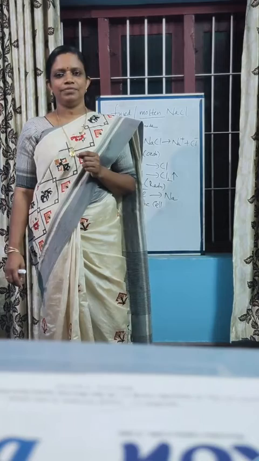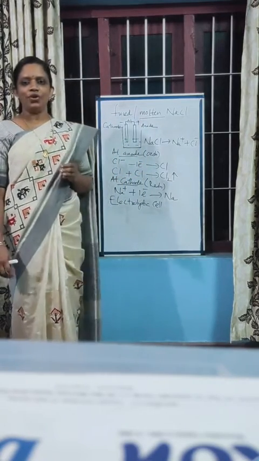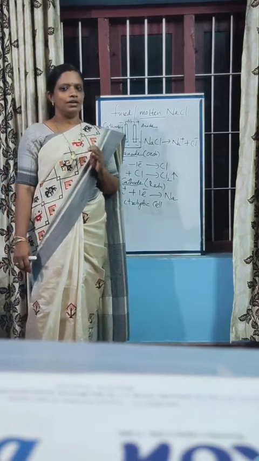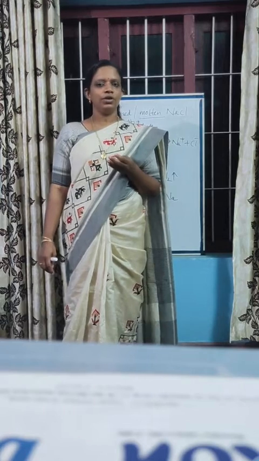Simply, electroplating is the deposition of one metal over another. I have to deposit gold on silver. Which metal will be the anode and which metal will be the cathode? Silver is supposed to be coated with gold. Identify the anode and cathode.